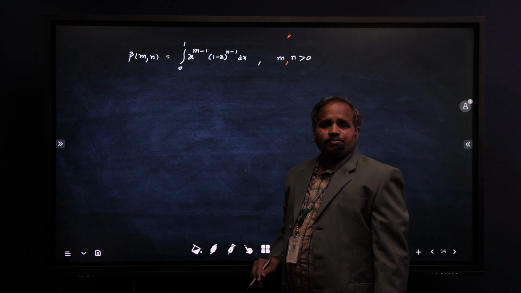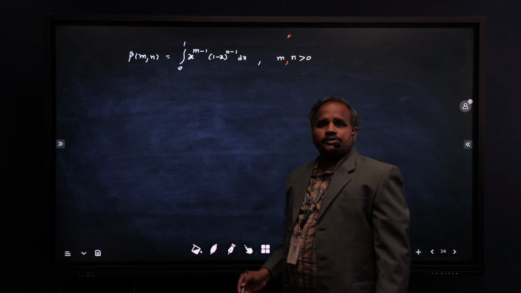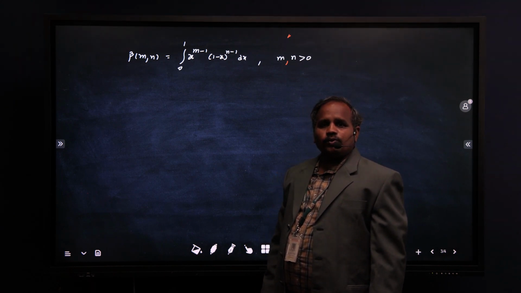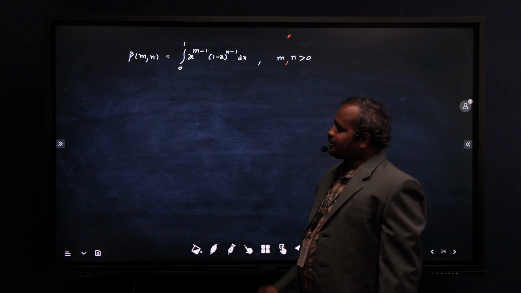This is called a beta function. So the beta function formula is beta of m comma n is equal to integral 0 to 1 x power m minus 1 into 1 minus x power n minus 1 dx.